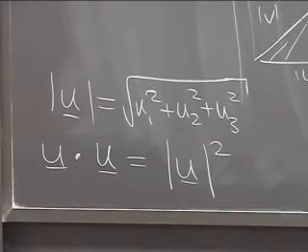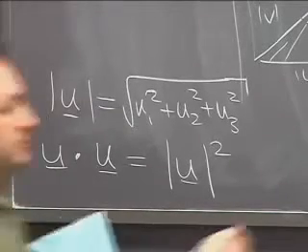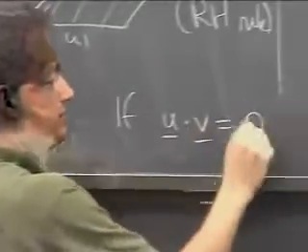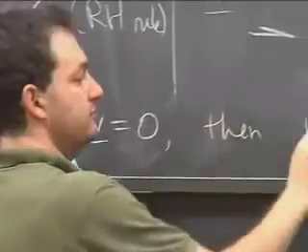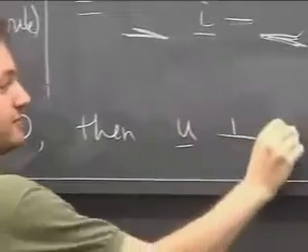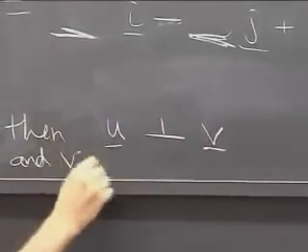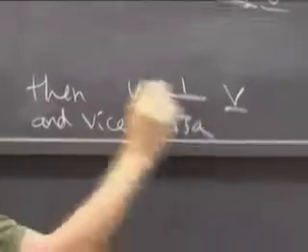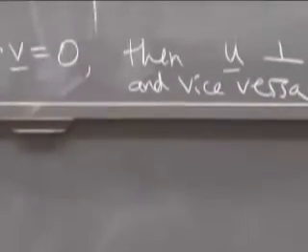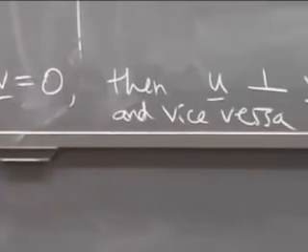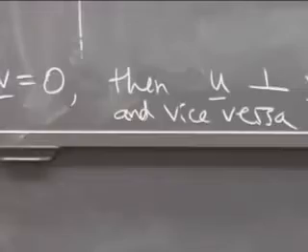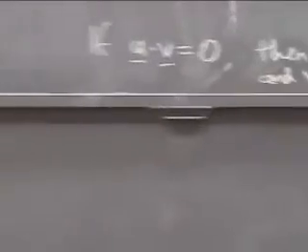If U dot V equals 0, then U is perpendicular as a vector to V, and vice versa. So that's pretty important. That's how we're going to tell when two things are at right angles. We'll take their dot product and we'll find that it's 0. Then we'll know they're at right angles.